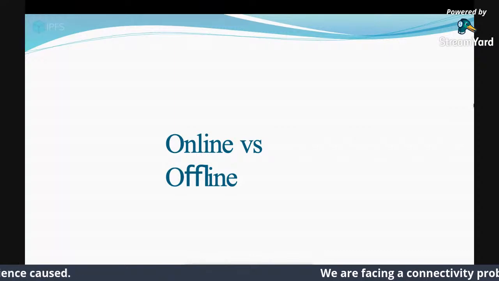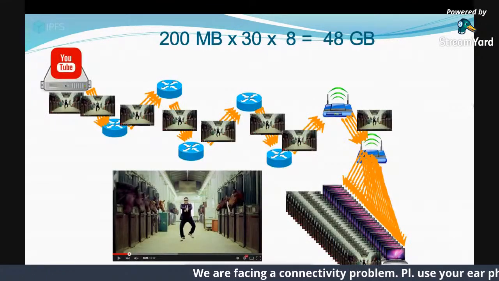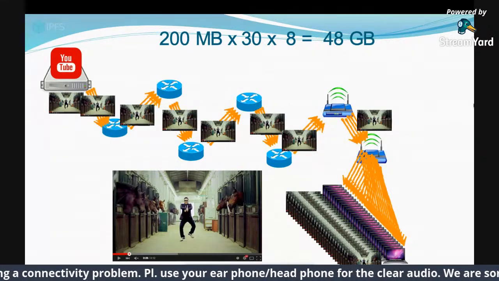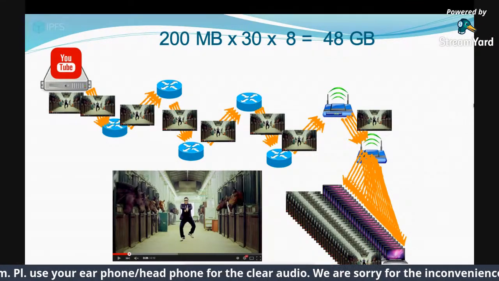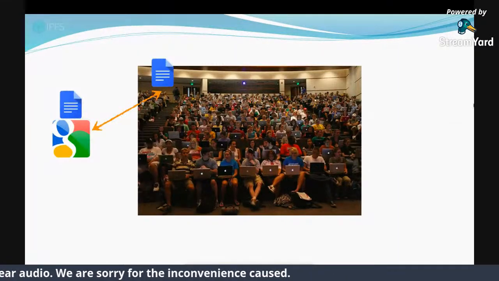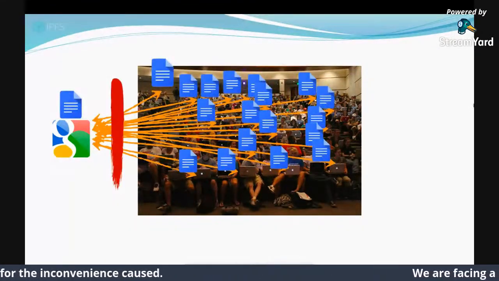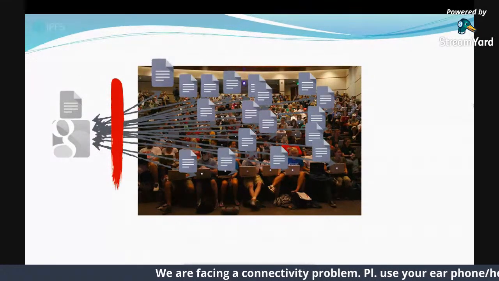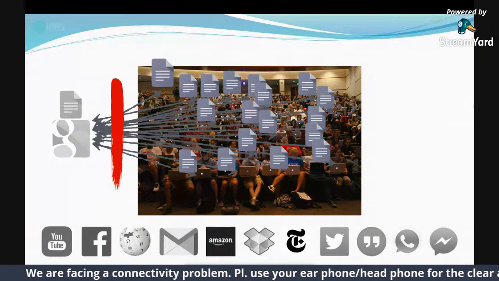Online versus offline. Whenever the only link available is YouTube and that link is down, that resource is totally unavailable. Suppose one person is downloading a Google page and that link is down, then no one can download it, or the link is totally unavailable.